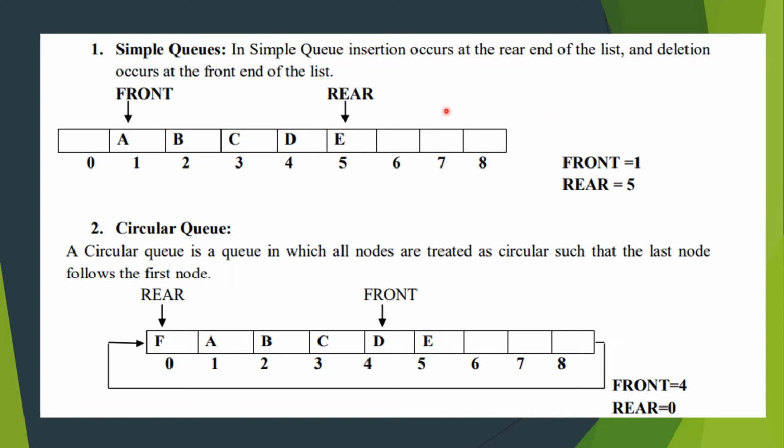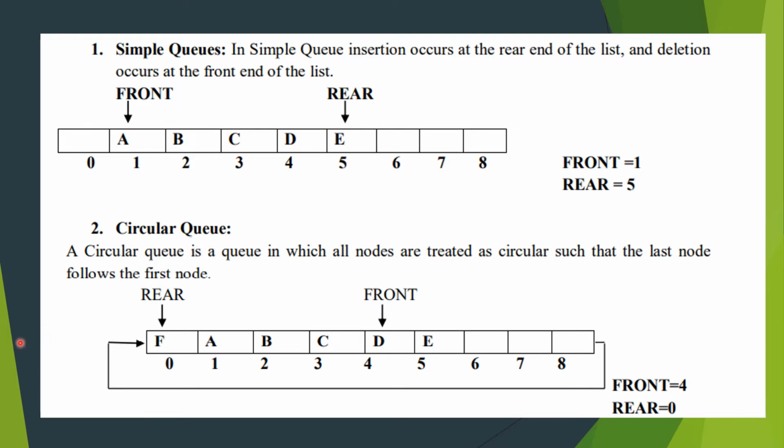First, element A is inserted at the first position, and the second, B, is inserted at the second position. The next element C is inserted at the third position, and so on. At the end of the list, E is inserted at the rear end, at position 5, so the front position is 1 and the rear position is 5.